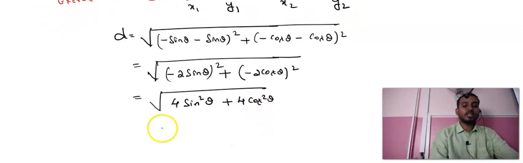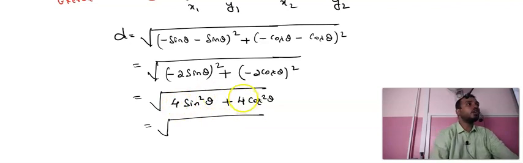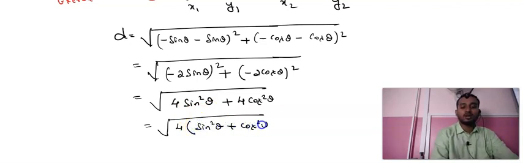And after that, as you can see here, root of, here also we have 4, here also we have 4, so we can take 4 as common factor. Once we take 4 as common factor, what is left out? Sin square theta plus cos square theta.